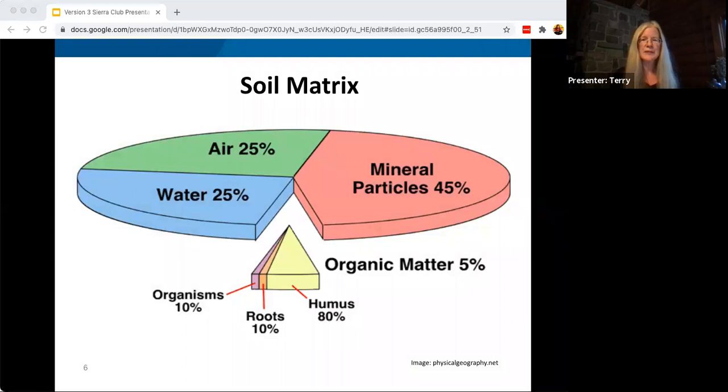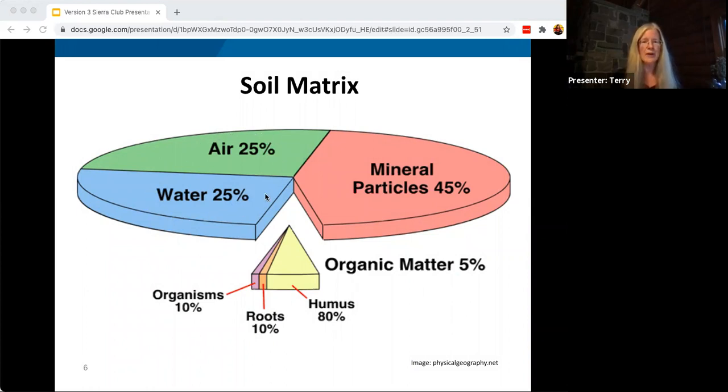Okay, so the soil matrix, you probably have seen this slide. I get really excited about this slide because if you look at it, you'll see that 50% of the space there is essentially empty space.